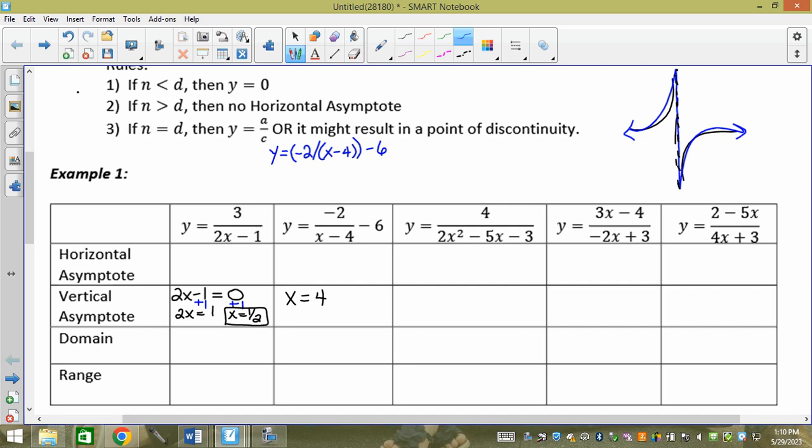Okay. So do you see at x equals a half, between 0 and 1, there's a gap, right? It's circling.